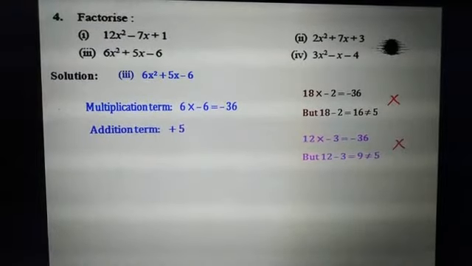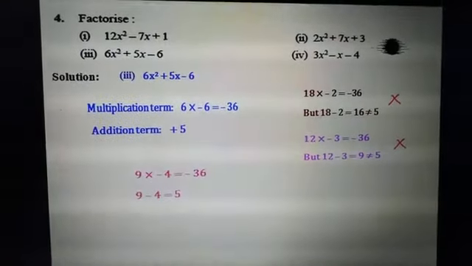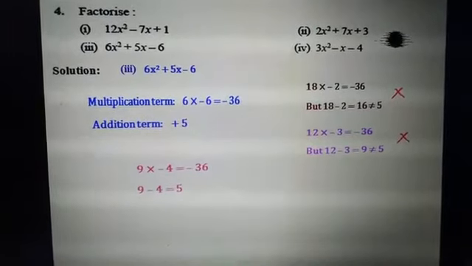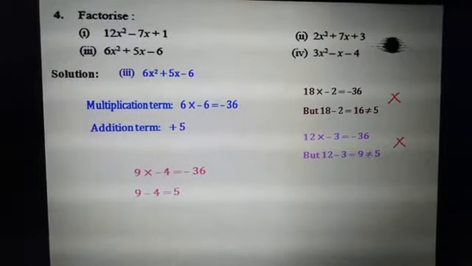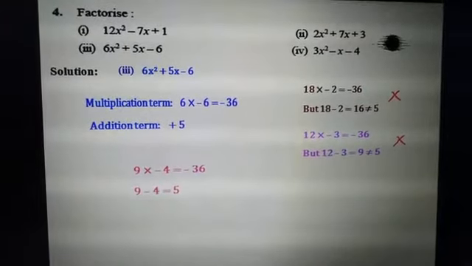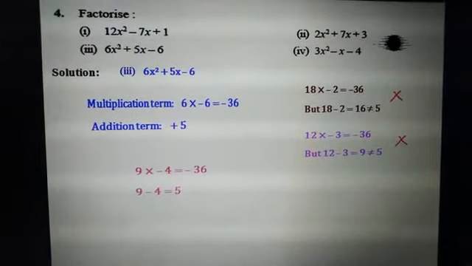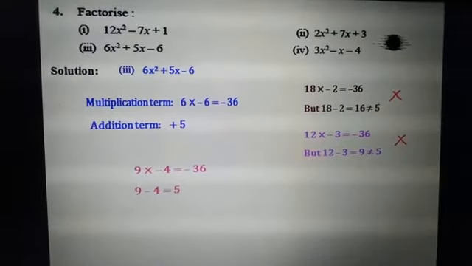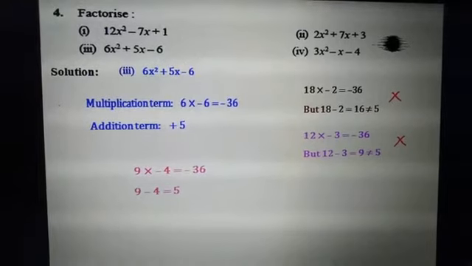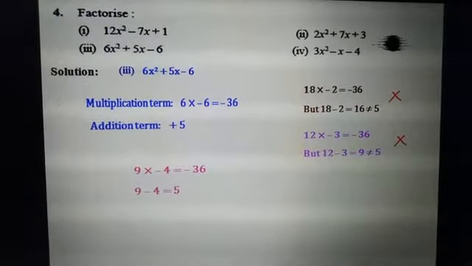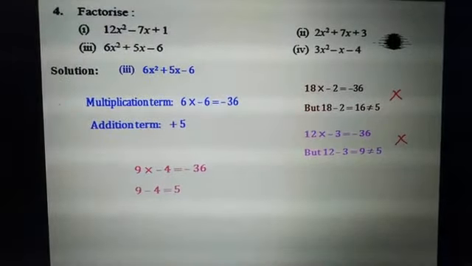So this also is wrong. So next I have another set of numbers, 9 and minus 4. 9 into minus 4 is equal to minus 36. 9 minus 4 is equal to 5. So these two numbers satisfied both multiplication and addition terms.